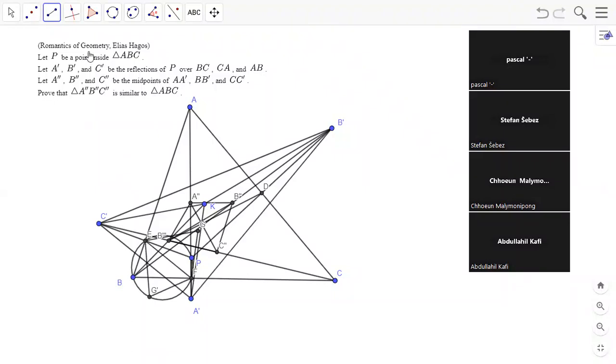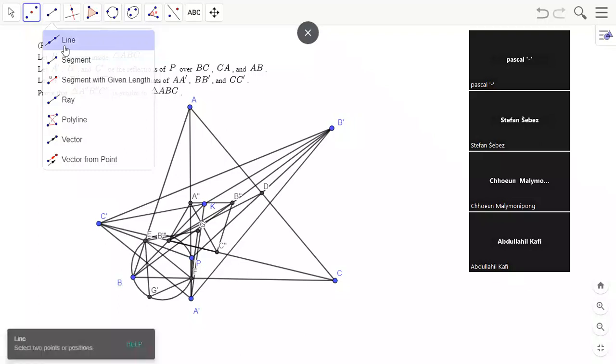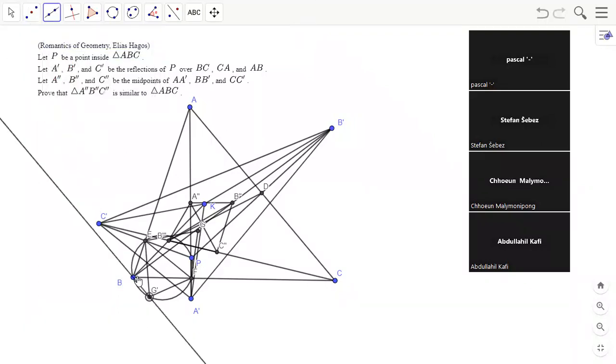And what else can we say about this point? Oh, that's kind of interesting. Those are collinear.